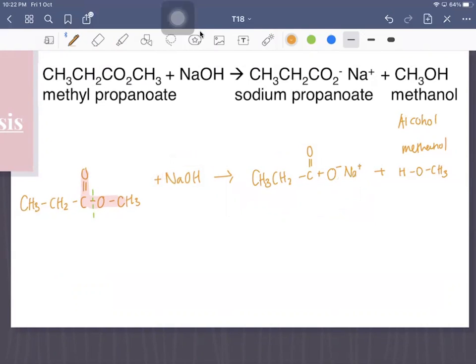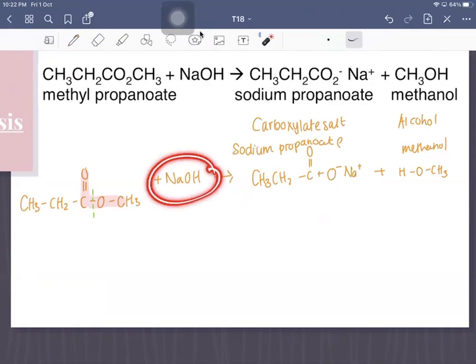So this is called a salt, carboxylate salt, which is specifically sodium propanoate. Okay, so if you are wondering why there is no acid, it's because the acid reacts with the sodium hydroxide.